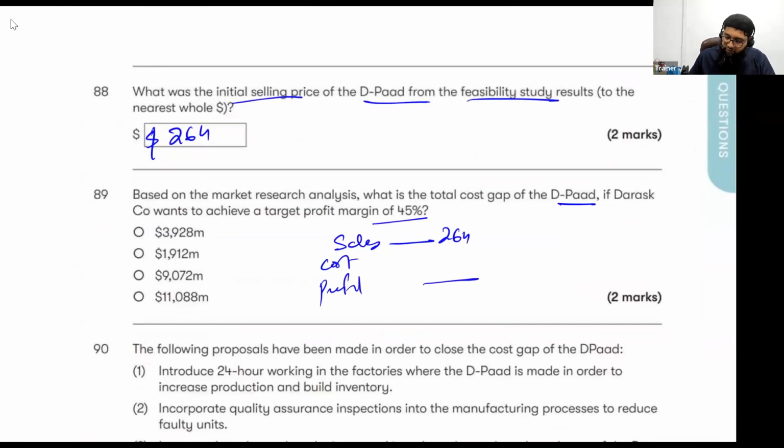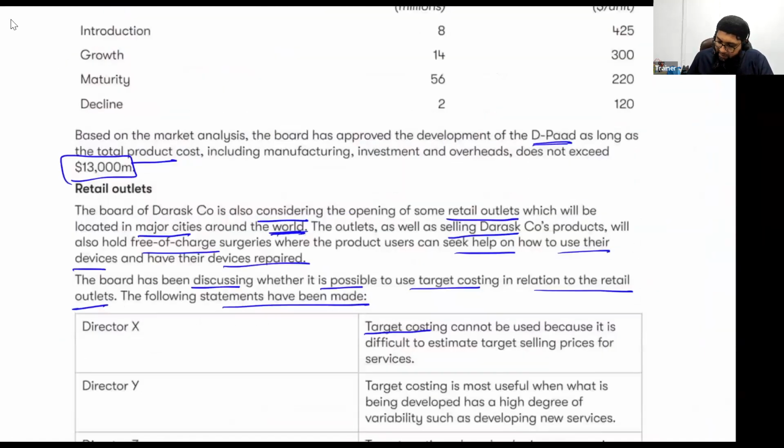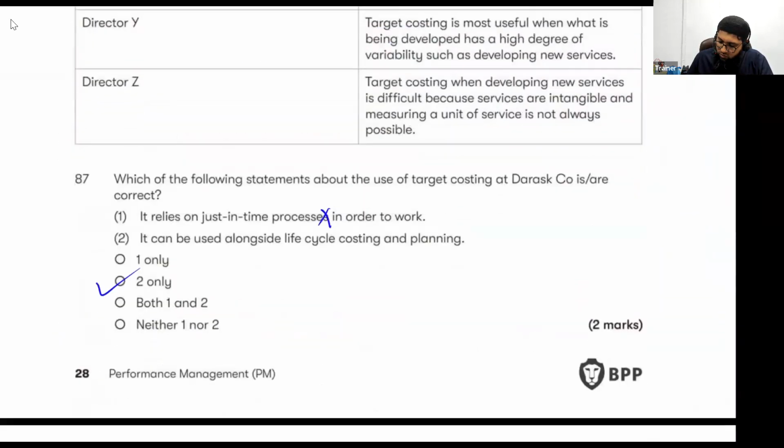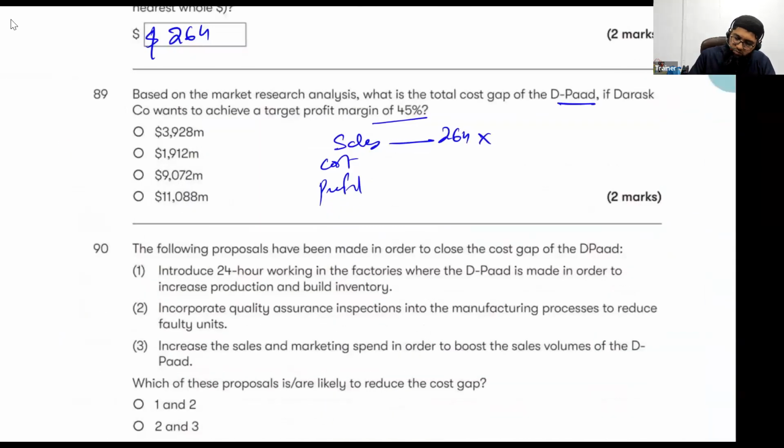So you want to achieve a profit margin of 45%. How would you do that? 264 multiplied by, we established the total sales, that was 21,120. The sales was 21,120.